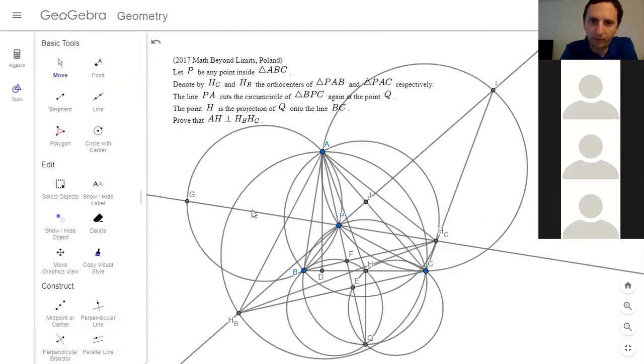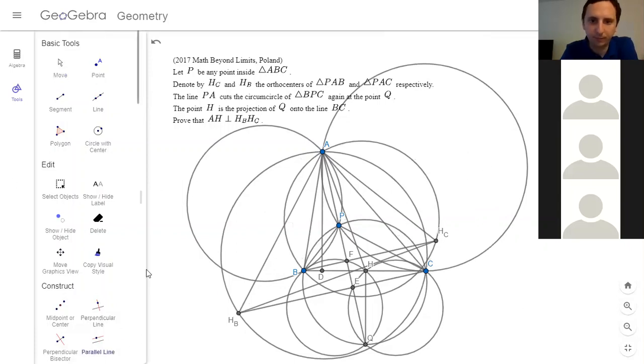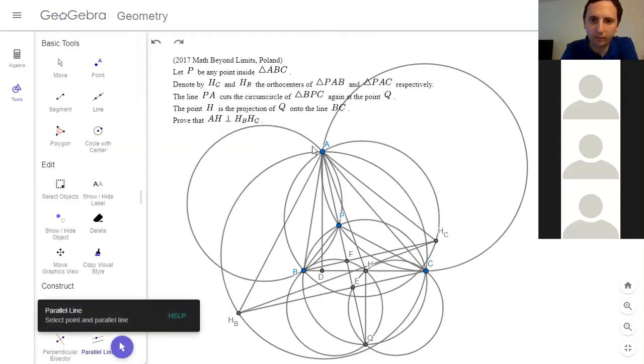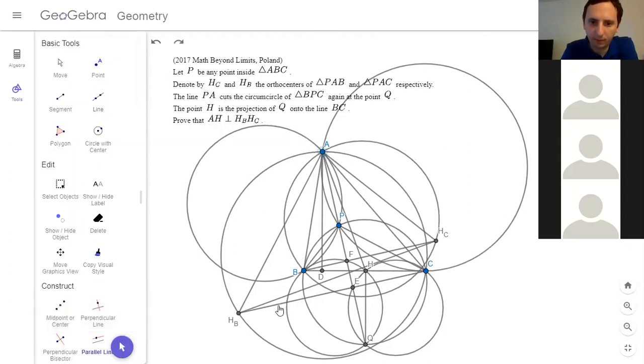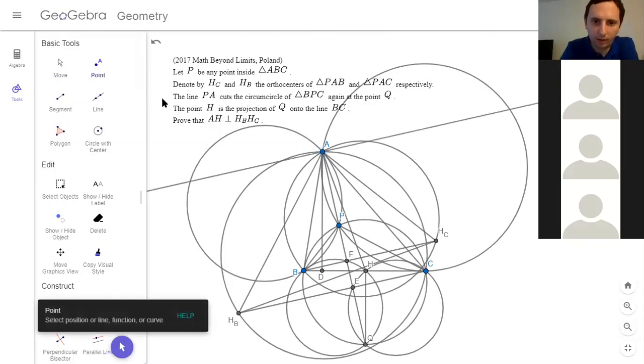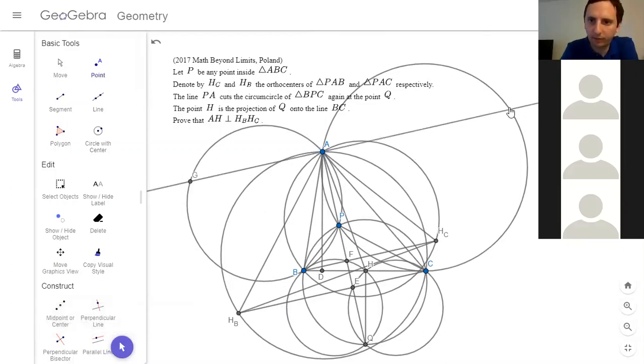So I draw the parallel through A. Because if I draw the parallel through A to both those lines, and I let it meet at 2 points, then we basically have two different parallelograms, right?